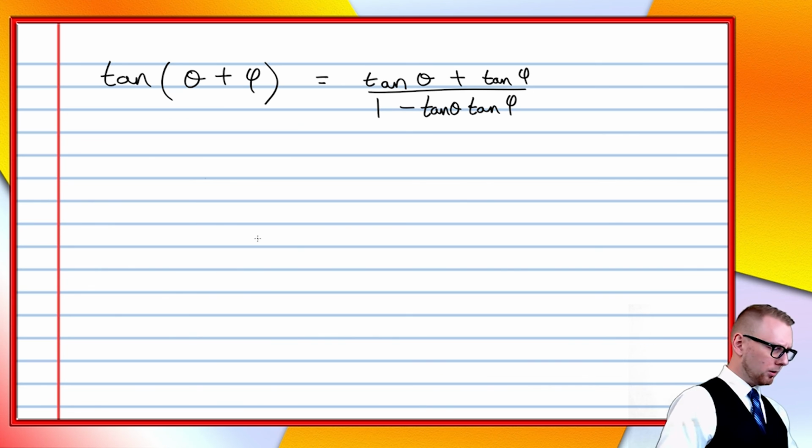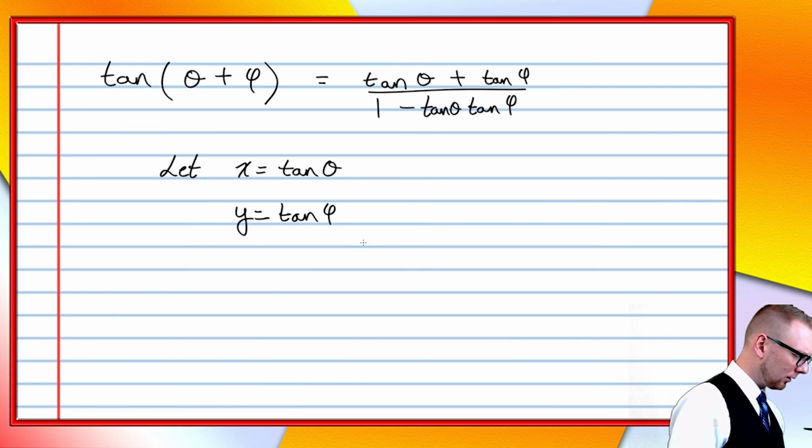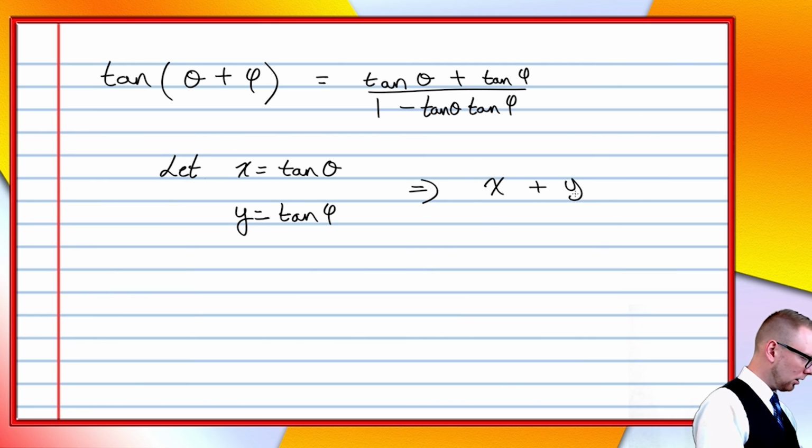Remember that we let x equal tan theta, and we let y equal tan phi. That means tan theta is x, tan phi is y, so we get x plus y over 1 minus xy. We're done.